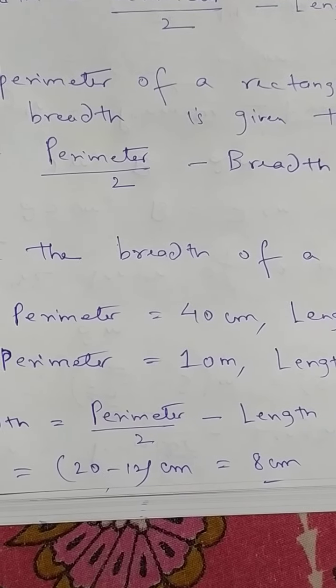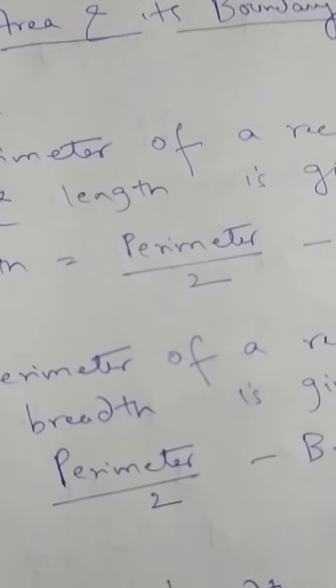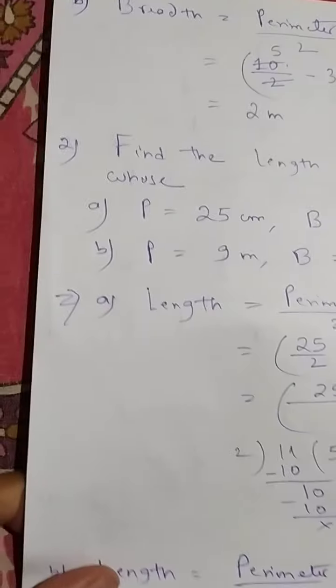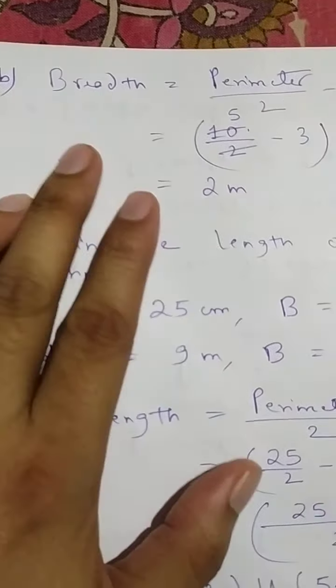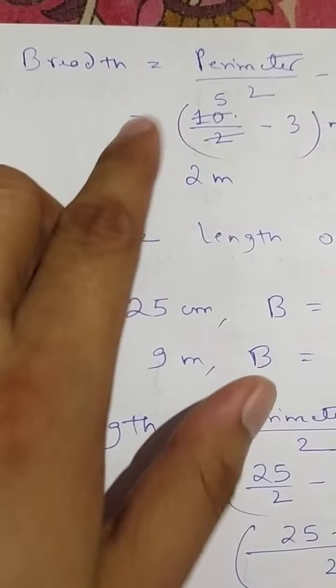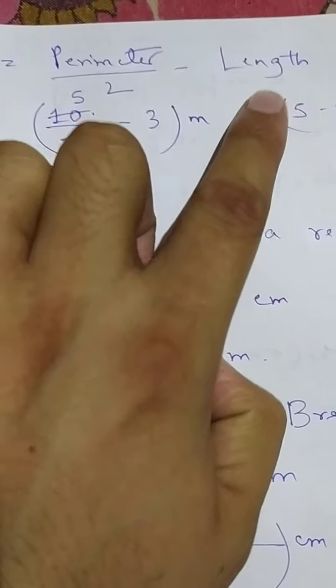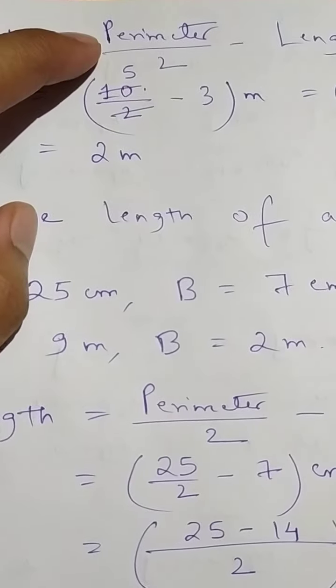Okay, so this is the first one. Now the next one. Again you have to find the breadth. So breadth formula again I have written perimeter by 2 minus length. So in this case perimeter is given 10.